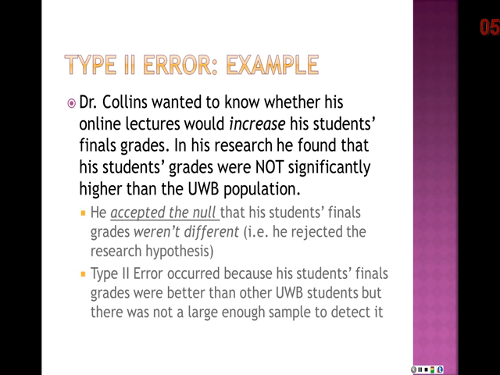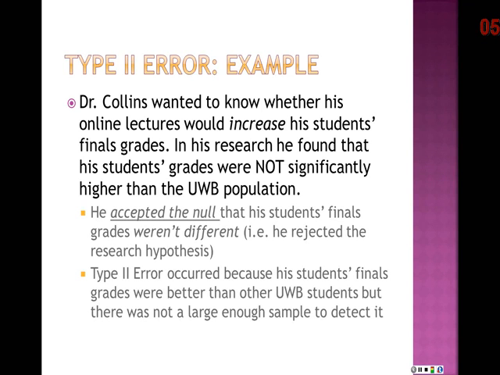So again, I want to know whether my online lectures would increase my students' final grades. And in this case, let's say my research found that my students' grades were not significantly higher than the University of Washington Bothell population. So I accepted the null hypothesis that my students' final grades weren't different. And in this case, I rejected the research hypothesis, right?